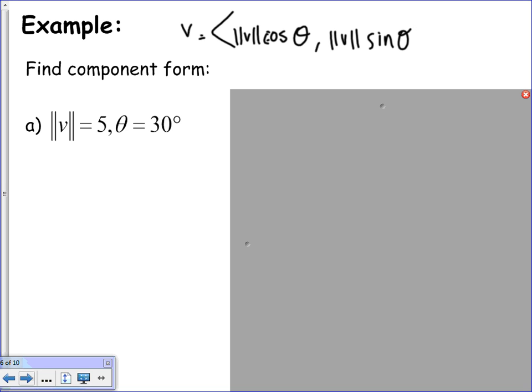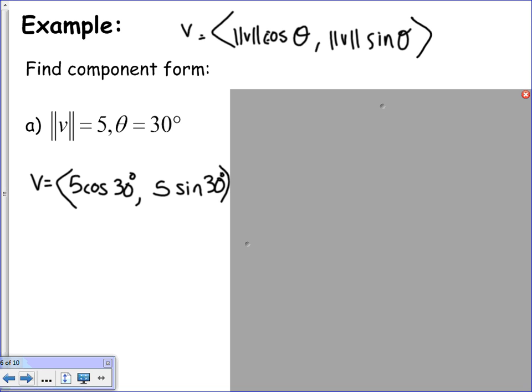So we really just have to do substitution into that component form. We know the magnitude is 5 and the direction angle is 30. So I would write something like this: v is 5 times cosine of 30, 5 times sine of 30.